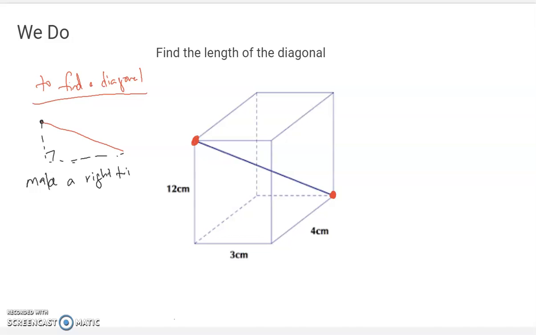So to do that here, I'll start in yellow. To make a right triangle where that's the hypotenuse, I would drop down to the bottom of the prism. And that's nice because I know that distance. But unfortunately, to get back there and make a right triangle, I can't follow this, it won't get there, and I can't follow this, it won't get there.